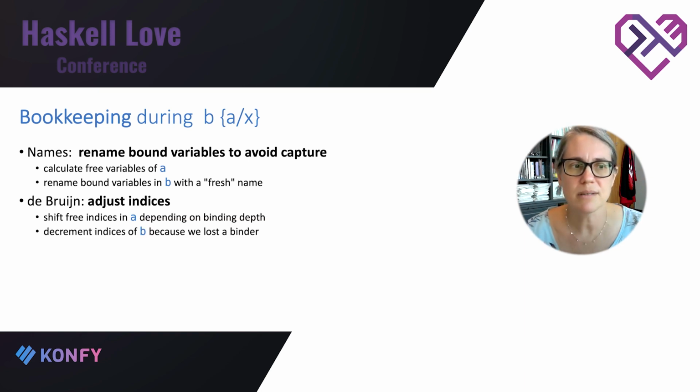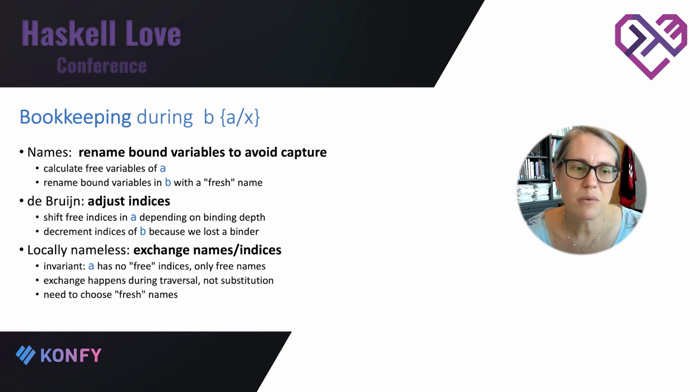When we use de Bruijn indices, we saw that we have to do this shifting, both shifting inside the term that we're substituting in, based on where it appears in the output, and also shifting in the term that we're substituting into, because we needed to lose a binder. And then with locally nameless, we had to do bookkeeping before we even got to the substitution.